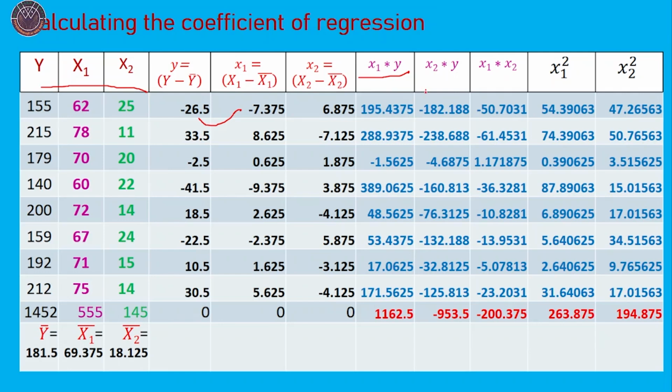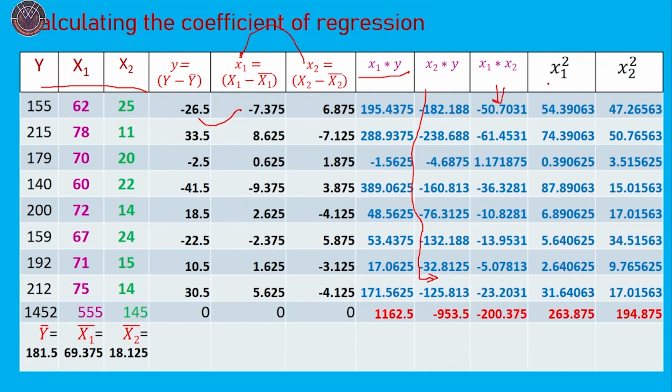Similarly, multiplying each x2 with the respective y, we get x2 into y. Then we multiply each x1 with x2 and get these terms in this column.